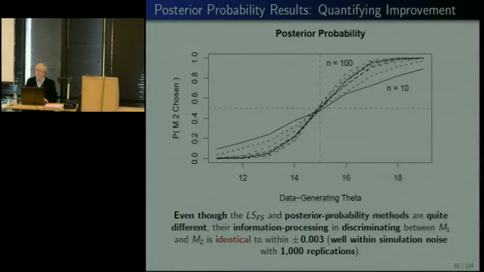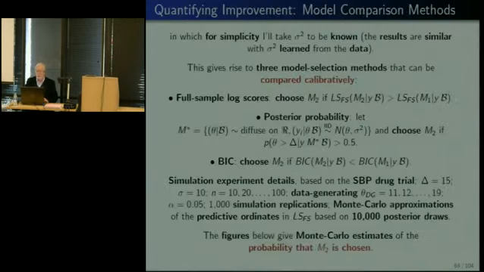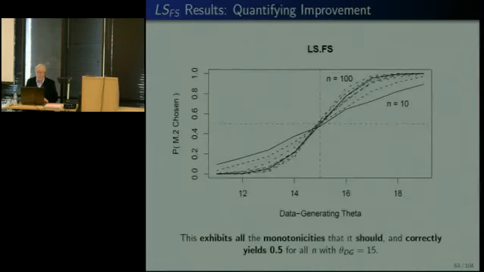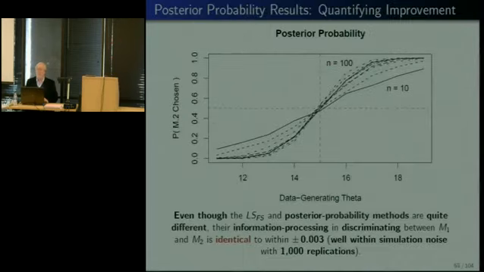And that's already pretty interesting because log scores don't measure directly the posterior probability of anything happening, and yet if you use the rule, choose model 2 if the log score for model 2 is bigger than the one for model 1, and you use a different rule that says whenever the posterior probability that theta is greater than delta exceeds a half, those two rules in this problem are identical in their model discrimination ability.